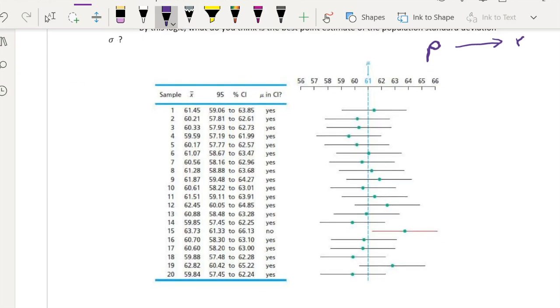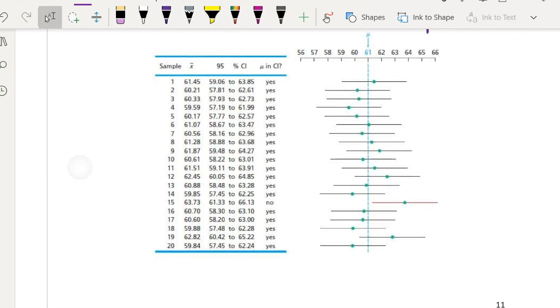So what are we doing when we do confidence intervals? For example, here I have many samples. I have the sample mean, and the person who created this table created 20 confidence intervals around the population mean.